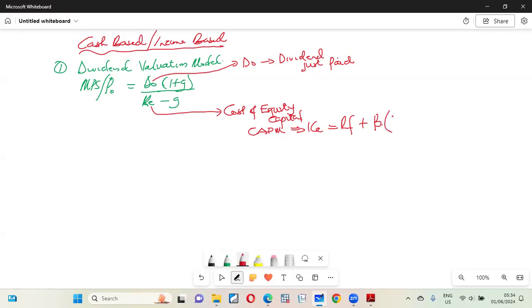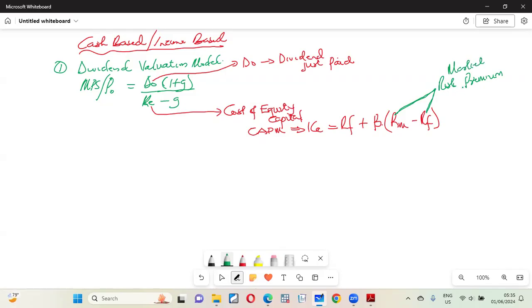Then beta into bracket Rm, which is the market return, minus Rf, the risk-free rate of return. So this is the formula. But the caution I need to give you is that this Rm minus Rf is also called the risk premium, or market risk premium.